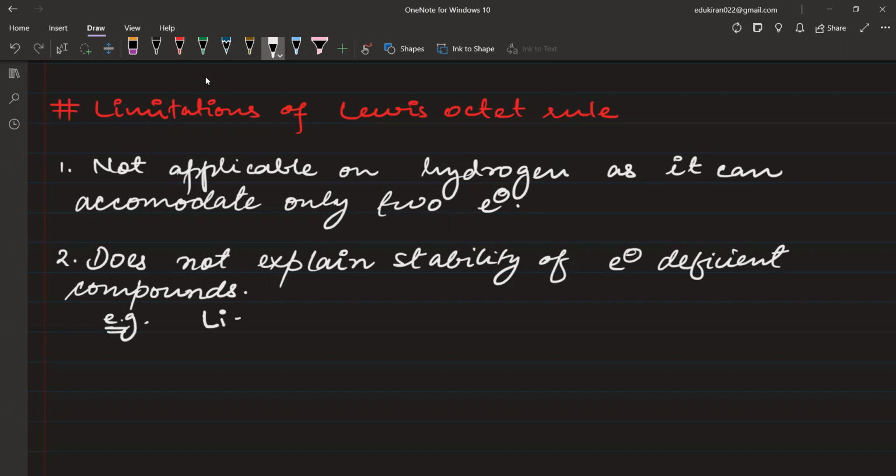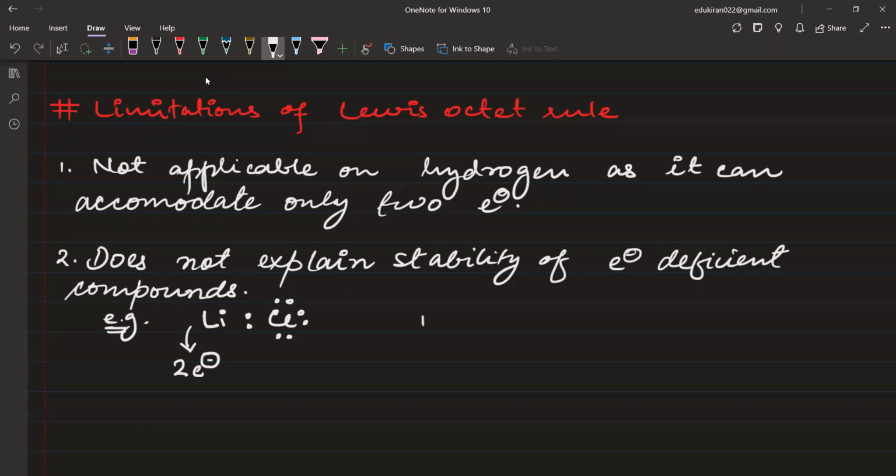So lithium, it cannot explain because lithium has how many electrons? It has only 2 electrons. But this molecule has been found, which means it is a stable molecule. But the Lewis octet rule cannot explain the stability of this type of molecule.